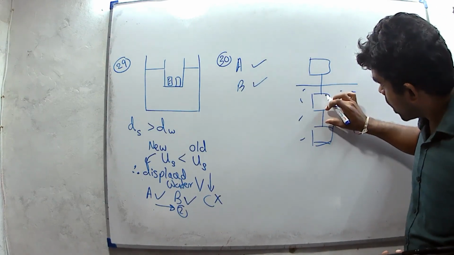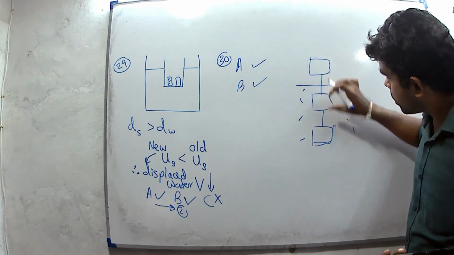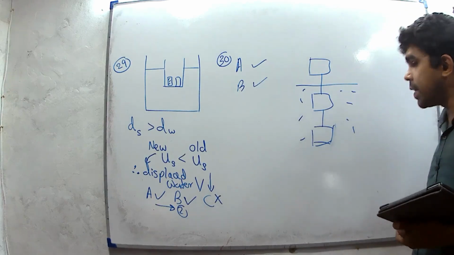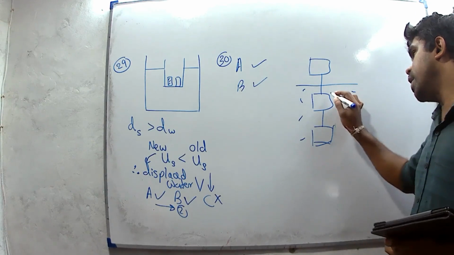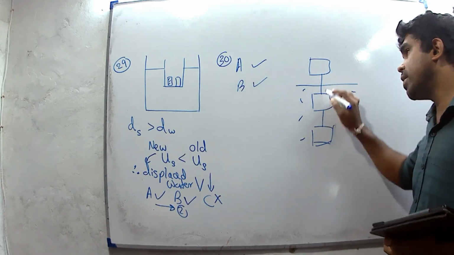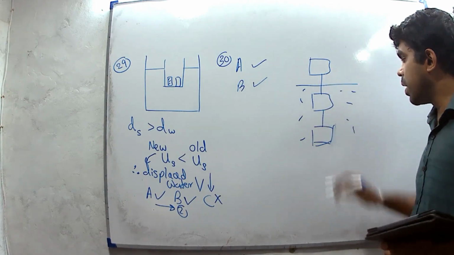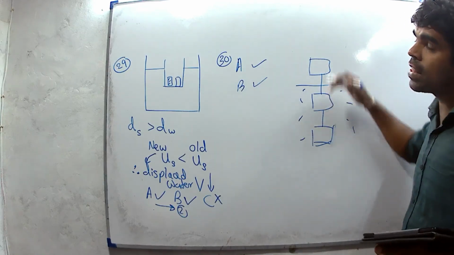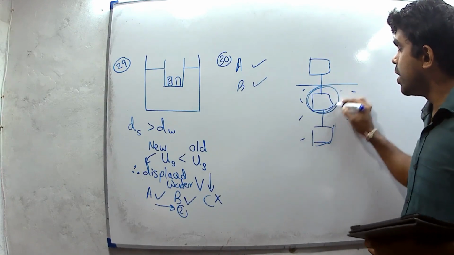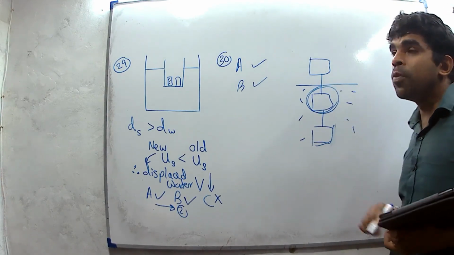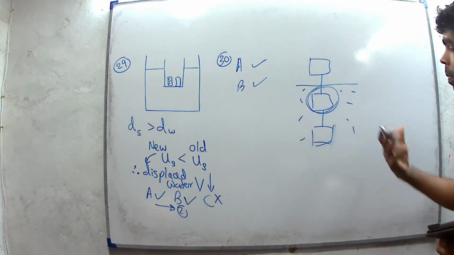Then if the tensions are the same, it is like the same object, the same string. Both the strings are acting as the same string. It means we can consider this object as a removable string, removable object.